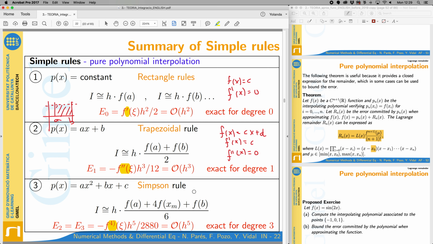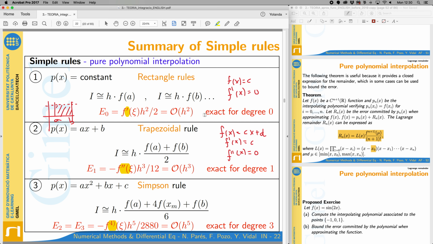Okay? Now, I've been talking here about exactly integrating polynomials using numerical methods. Why am I doing that if I can compute exactly with analytical methods the integral of a polynomial? Well, because normally we use polynomials as a reference.